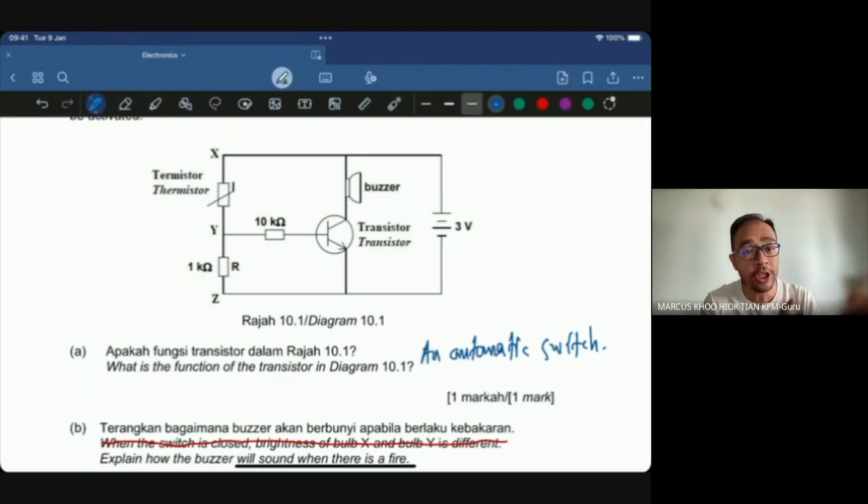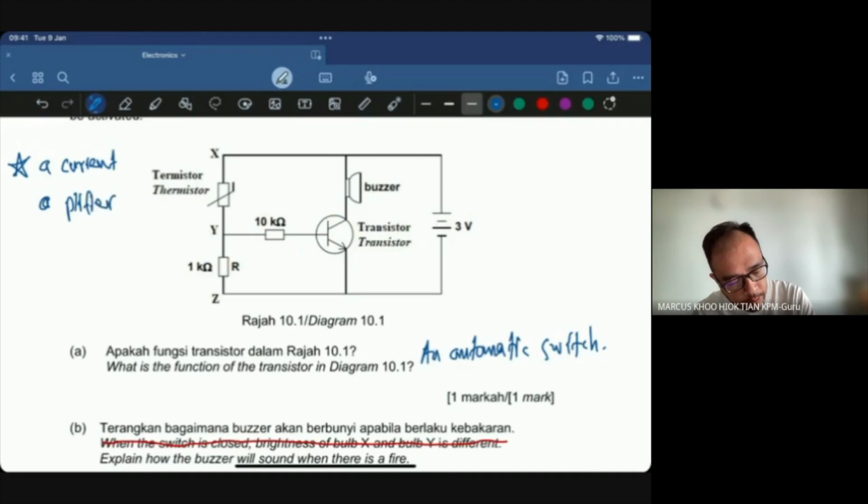The other function of a transistor is a current amplifier. And how do you know whether the circuit is an automatic switch circuit or a current amplifier circuit?